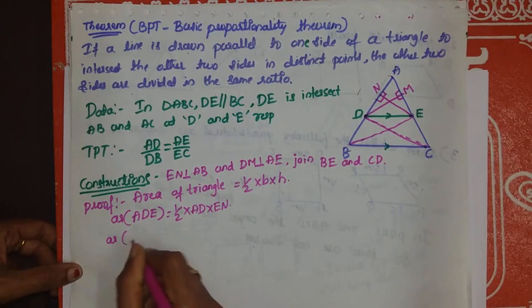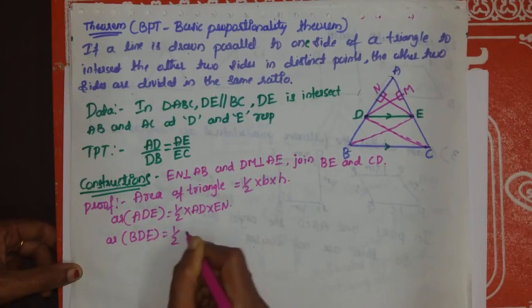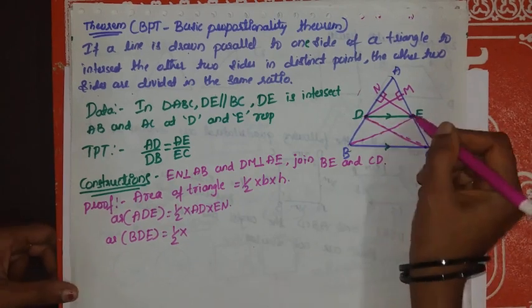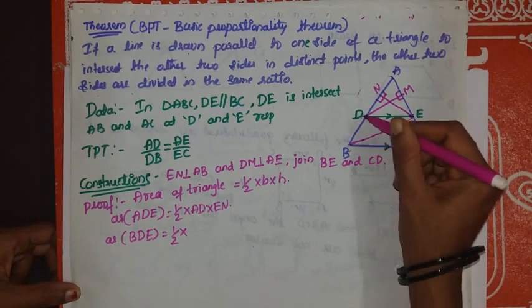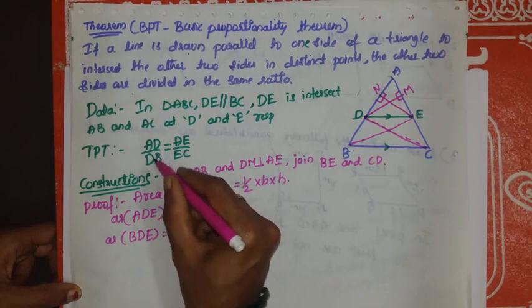Area of BDE is half into base BD. We take AD and DB because we need to prove AD by DB.